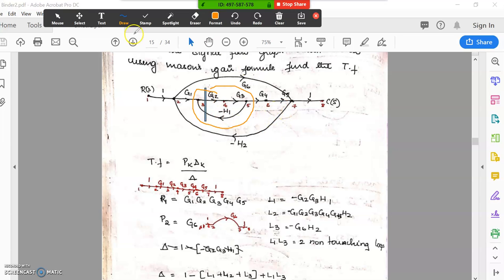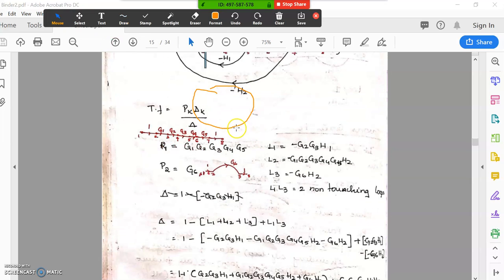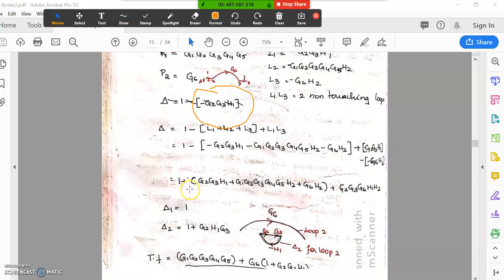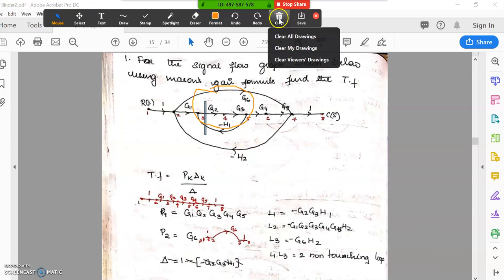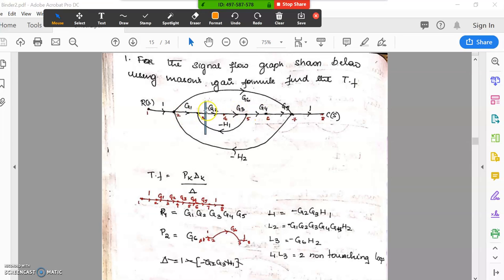What about the second loop? Do we have a second loop here? Yes, see, there is a second loop here. Which is the second loop? This was the first one; the second one is this path. Can you see this?